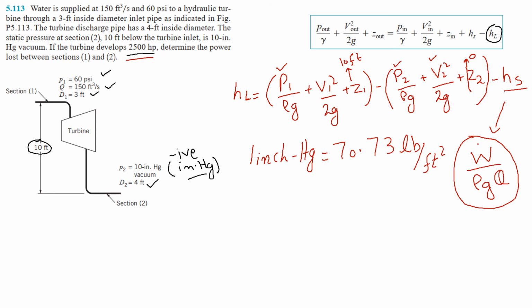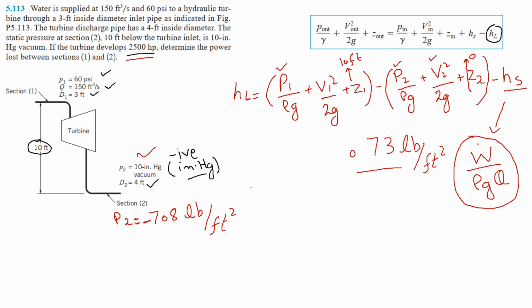So to convert 10 inches of mercury into this, we get P2. I will write here P2 is equal to 708 pound per square feet, and this is negative pressure because vacuum is mentioned, so by vacuum it means negative pressure. So that's how we will convert our P2 to pound per square feet.